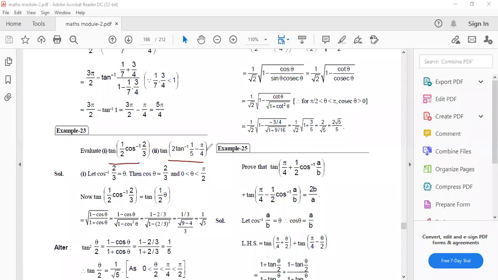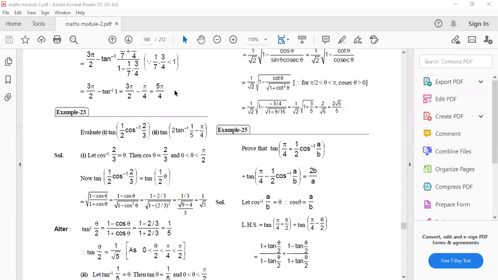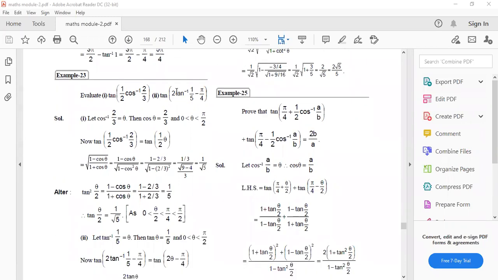Look at the second one. Tan of 2 tan inverse 1 by 5 minus pi by 4. Again, I'll call this whole as theta, not the 2 part, only the leftover part as theta. Then the expression will be tan 2 theta. Yes, pi by 4 is completely different.